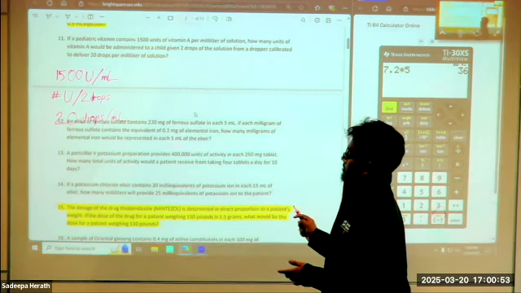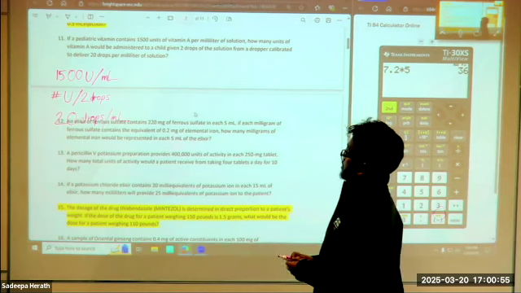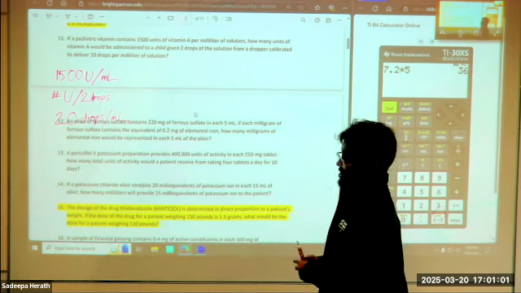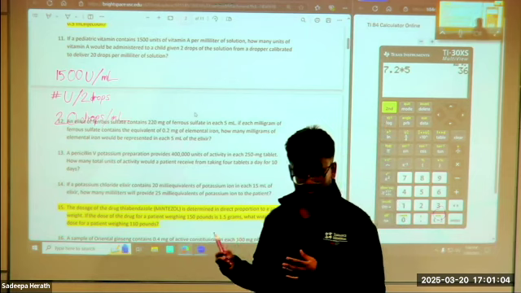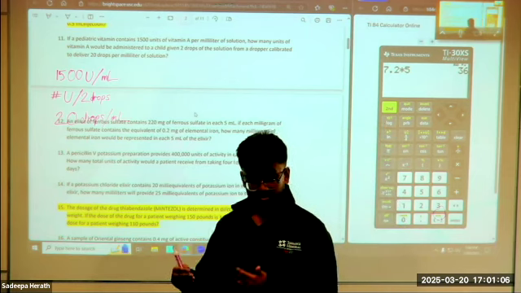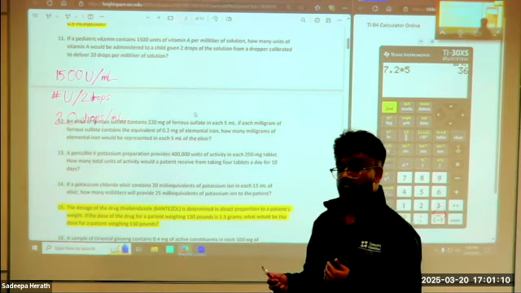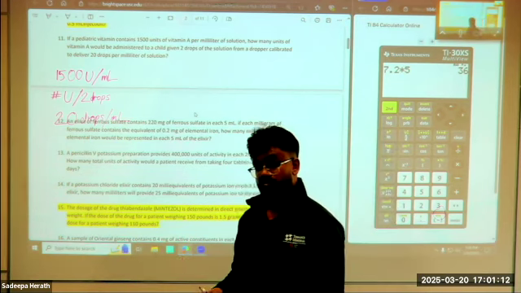So what are they asking for first, right? Number of units per drop. We have the total units per ml of solution, and we have the amount of administration per ml as well.